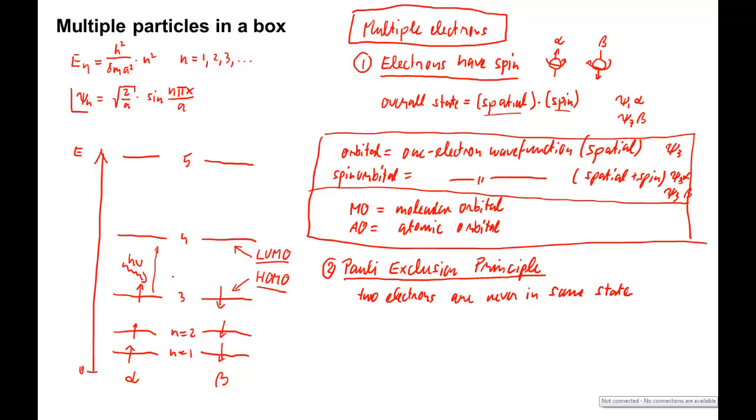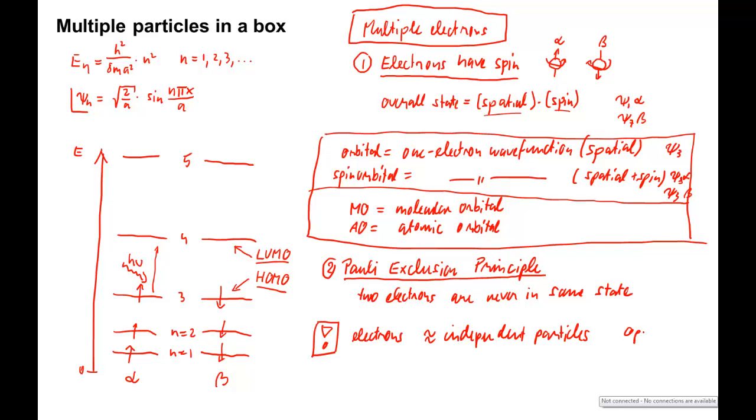In this simple multi-electrons in a box model, you have to note one important thing. We are essentially treating the electrons as independent particles. None of the electrons is aware of the presence of the others.